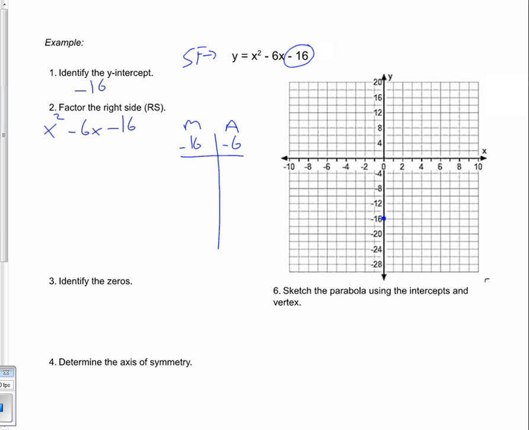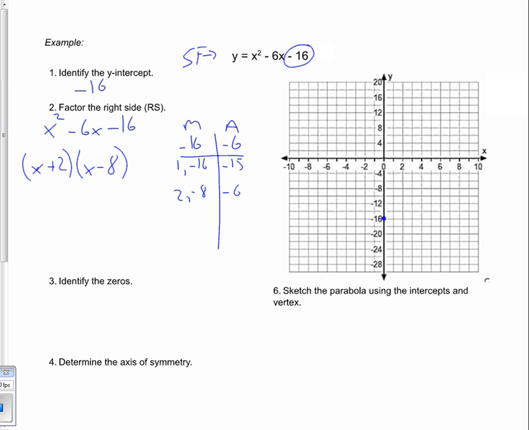So if I go through and I'm looking for this, 1 and negative 16 will give me negative 16, but that adds to negative 15. 2 and negative 8 multiply to negative 16, and when I add those things together, I get negative 6. So the right-hand side, using factors, is x plus 2 and x minus 8.